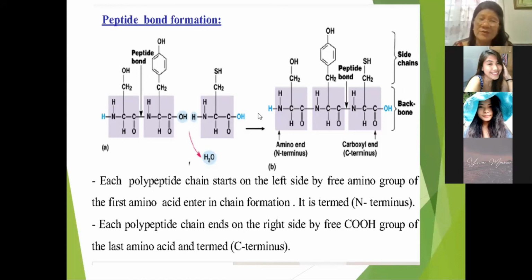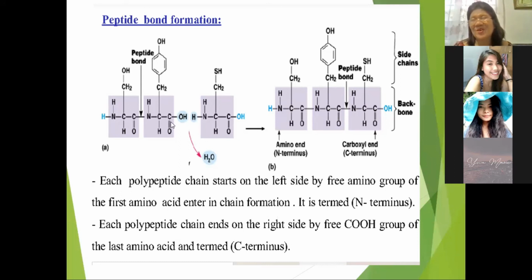So, if you add, this is the first peptide bond, and this next one is the second peptide bond. That is how it is formed. It is formed with the C and the N terminal.